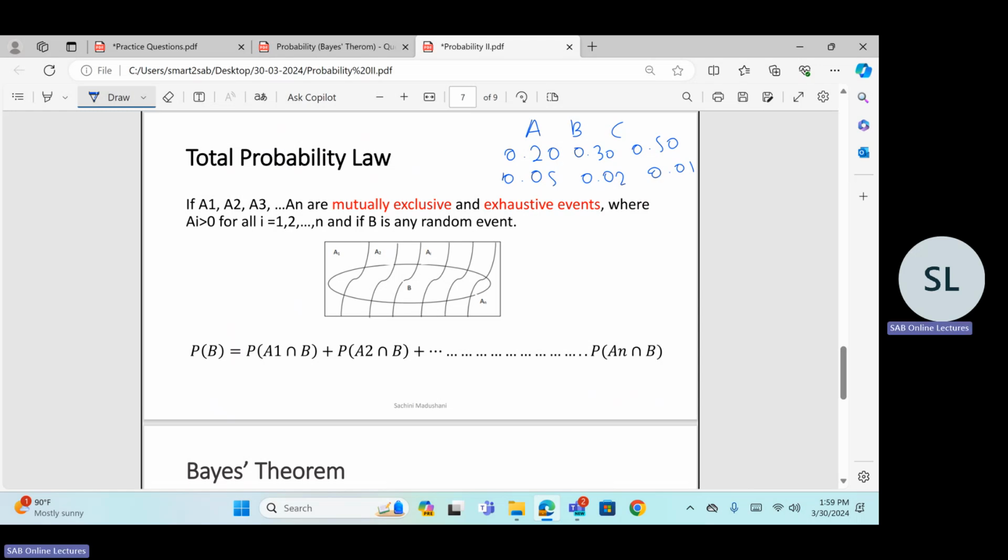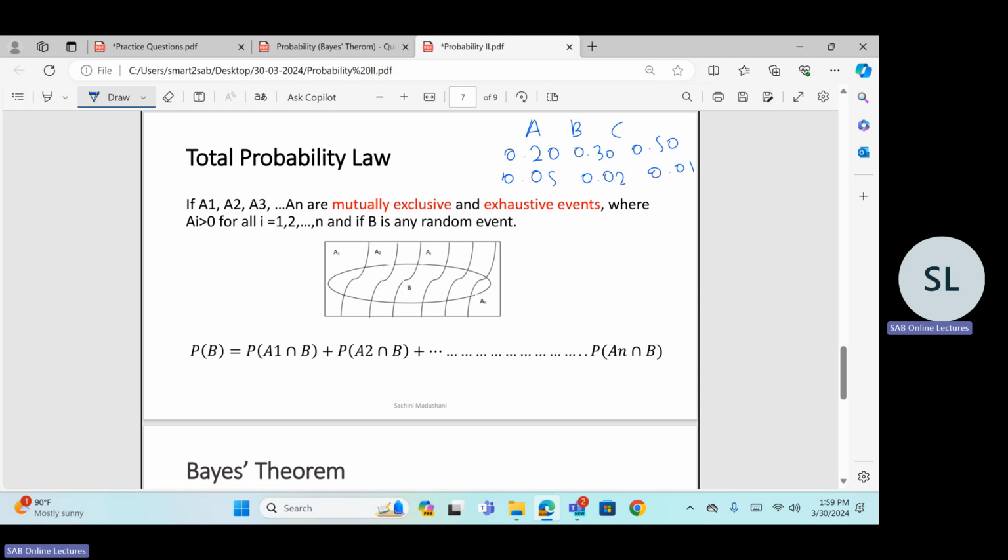Mutually exclusive means, for machines A, B, and C, we cannot produce one particular product using both machines. In this example, a factory has three machines and uses any one machine to produce a particular product. 20% of the production uses machine A, and 30% uses machine B separately.